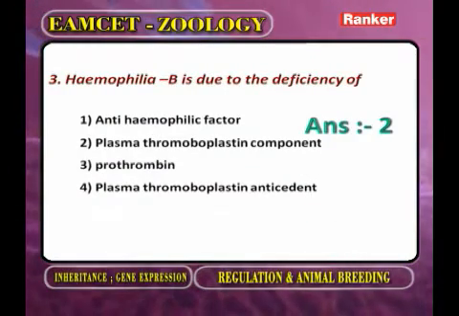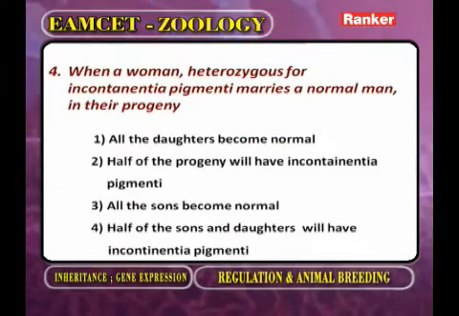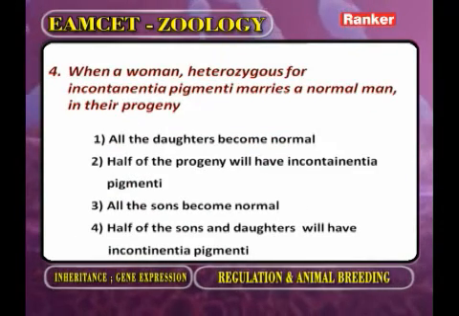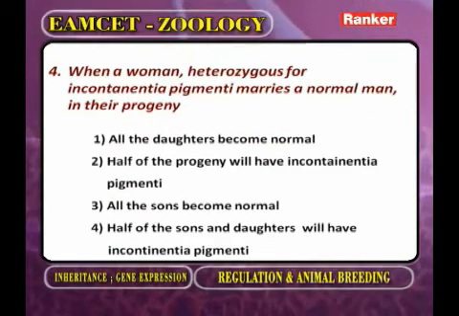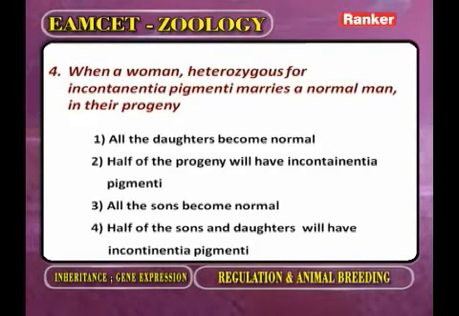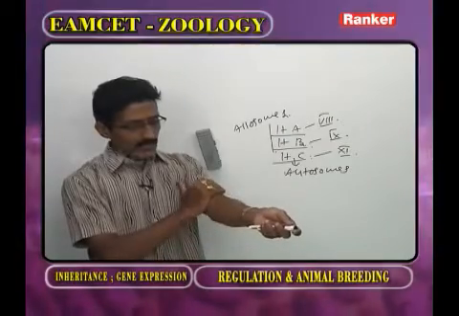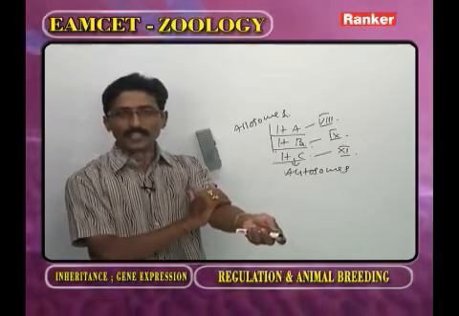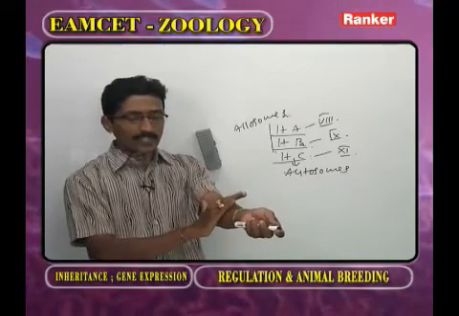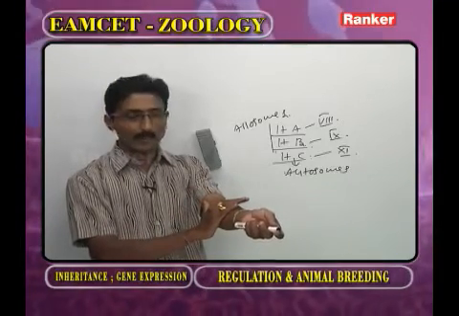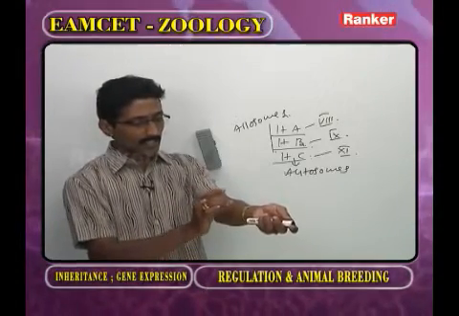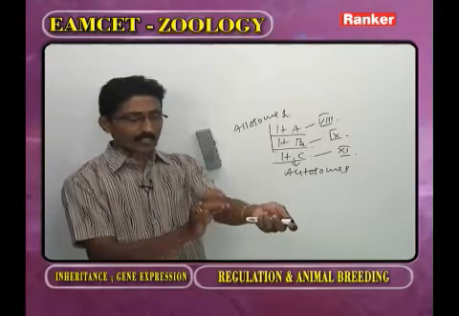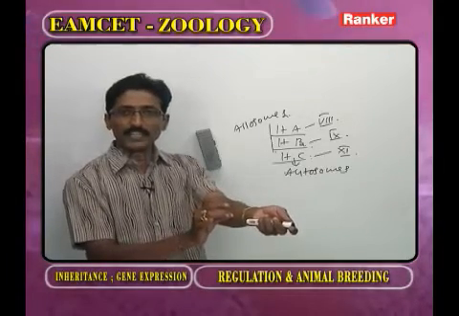Now we go for the next question. When a woman is heterozygous for incontinentia pigmenti, what is meant by incontinentia pigmenti? As we observe, our skin has some coloration due to the presence of melanin. The one who suffers from incontinentia pigmenti loses the melanin pigment randomly from the body.